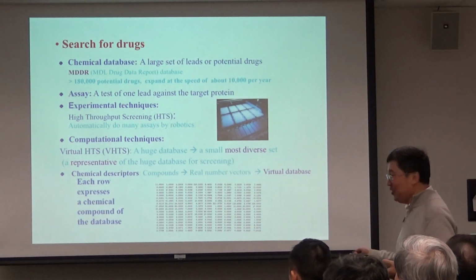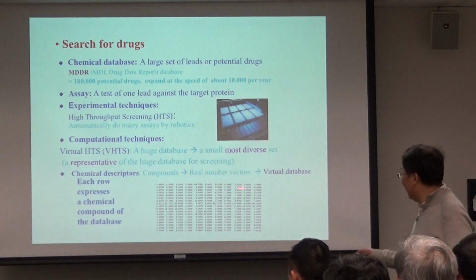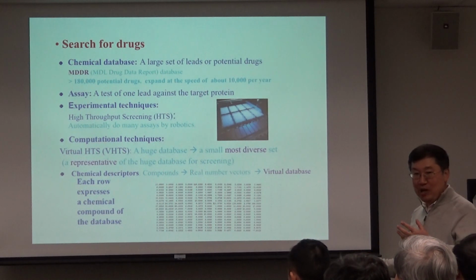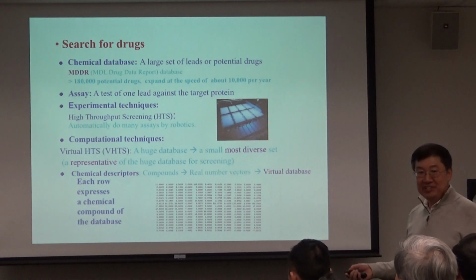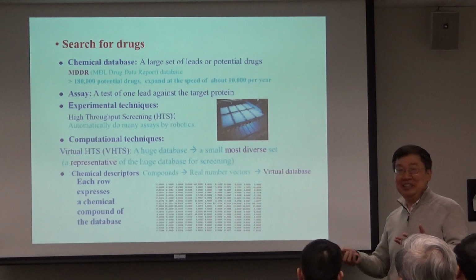Each column produces a value by a so-called chemical descriptor, describing one property of a compound. So that's the virtual database. What's the size of each descriptor on each row? On each row, that gives the number of descriptors to characterize a compound. How large is it? That can be 1,000. So it depends. This is a time consuming part.